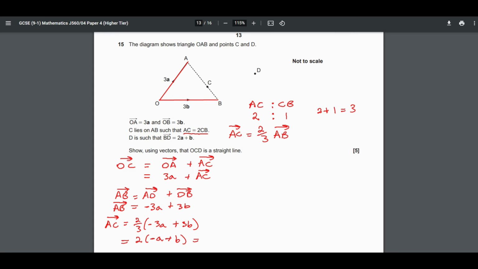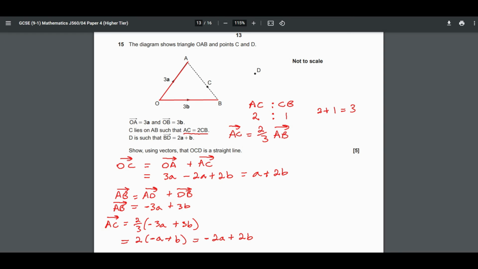When we expand the brackets, we have minus 2a plus 2b. Now that we know that A to C is minus 2a plus 2b, we can replace it. So if we simplify this for O to C, we now have a plus 2b. So that line O to C, that imaginary line, is a plus 2b.